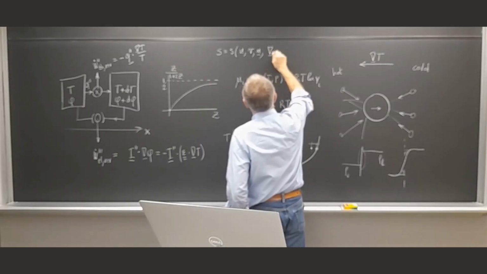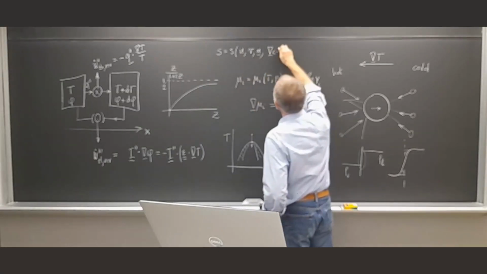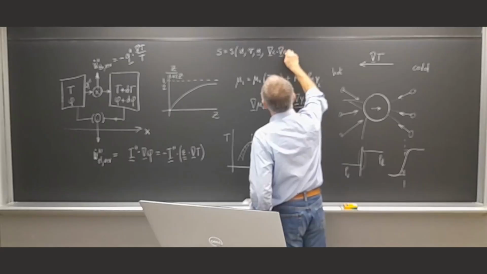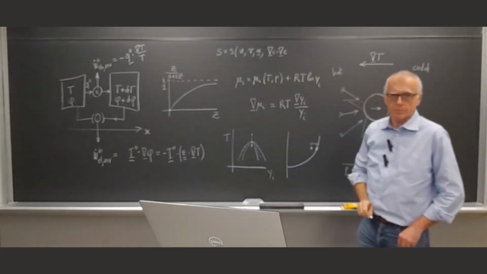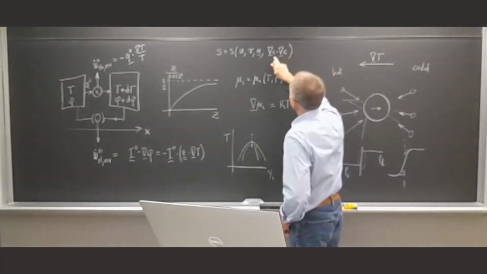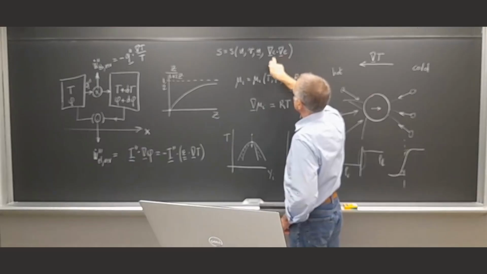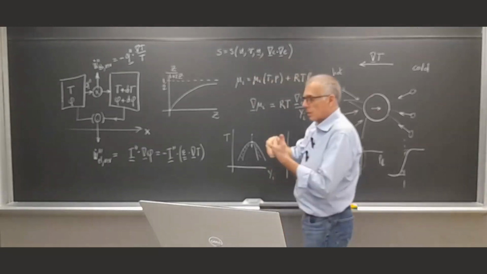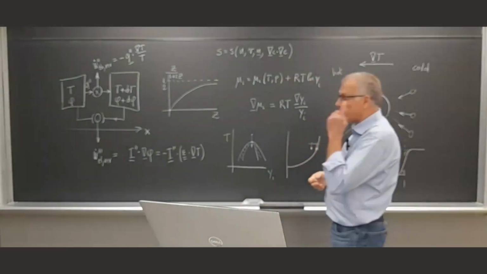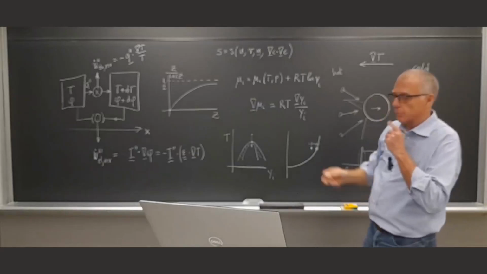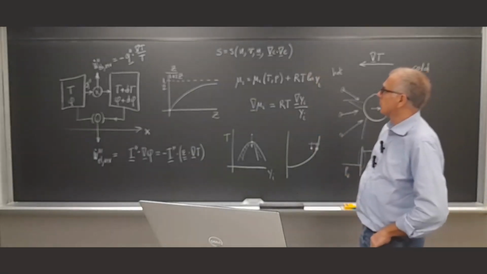And actually, since you need a scalar, you can take the square of the gradient, and you put it in as an additional variable which determines equilibrium. And now we are talking about equilibrium because that's a stable equilibrium state.